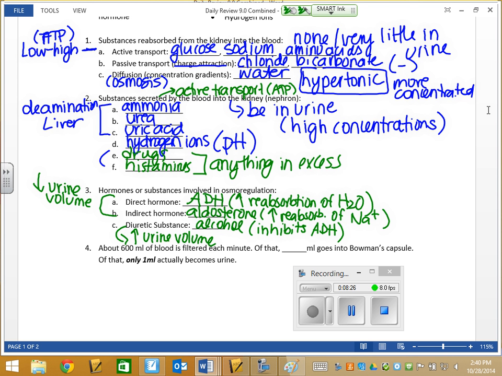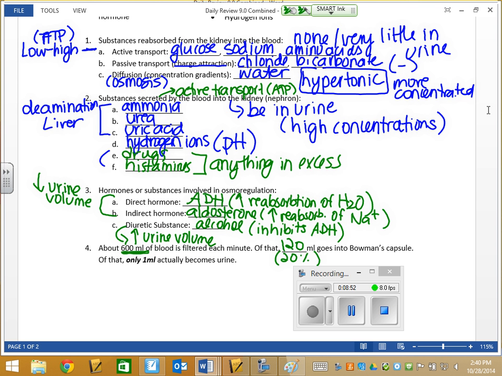Now the last thing on this side is asking you about how much is going into Bowman's capsule. So if 600 milliliters of blood is filtered each minute, 120, which is 20%, goes into Bowman's capsule. And that's what I want you to recognize, 20%.